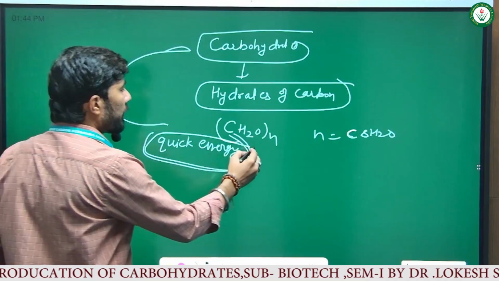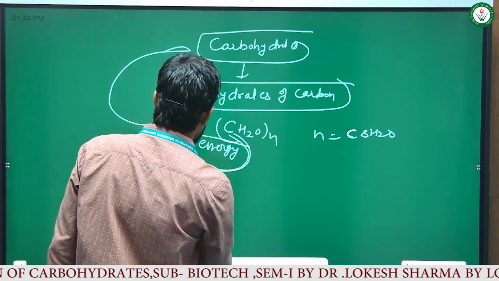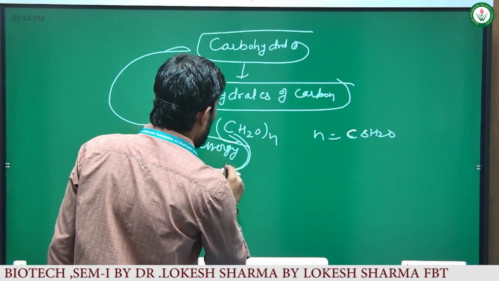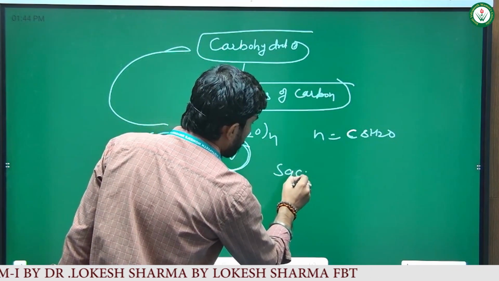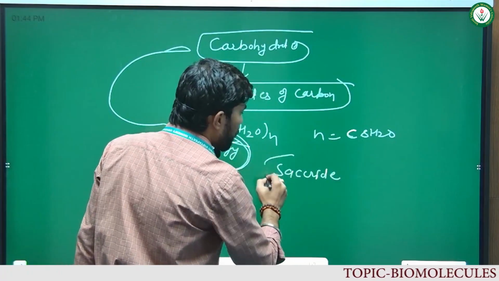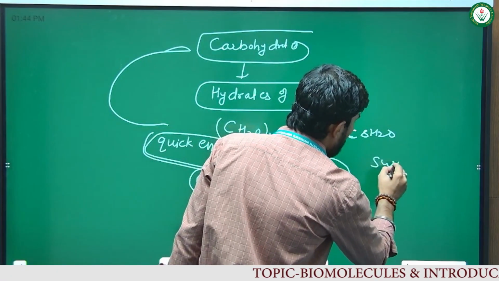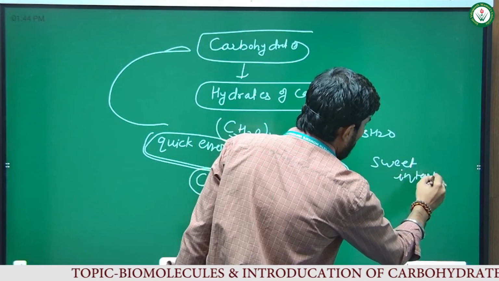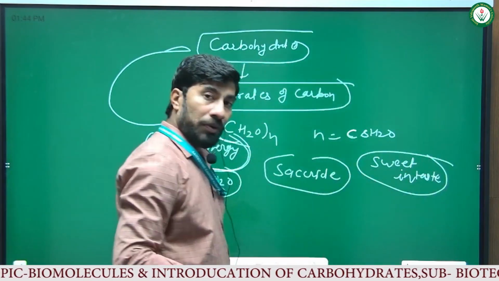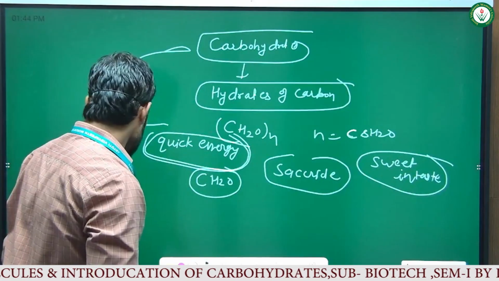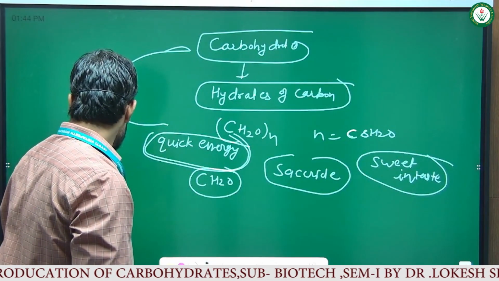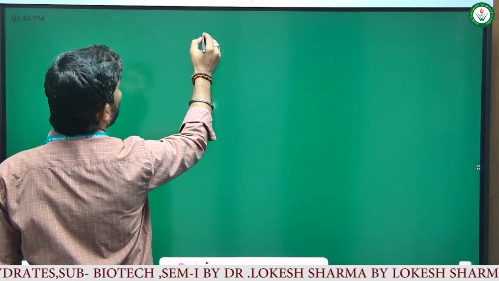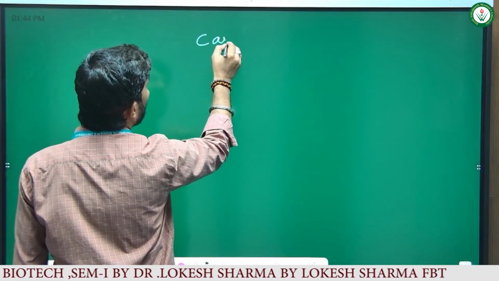Then carbohydrate is generally known as a saccharide unit. They are sweet in taste. In a biological system, it is a quick energy source. Now, how can we classify carbohydrate?